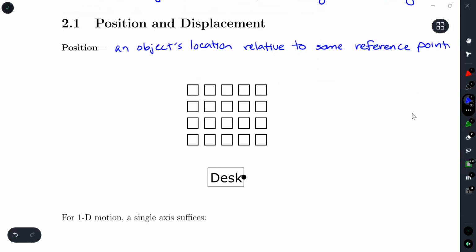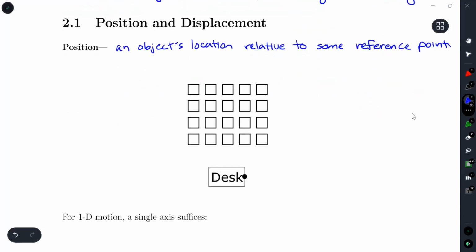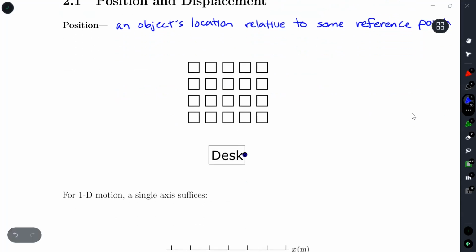So we have to choose a reference point because otherwise we don't know what we're saying, like where we are in the first place. Usually we kind of do that intuitively, but in physics you have to explicitly choose a reference point.